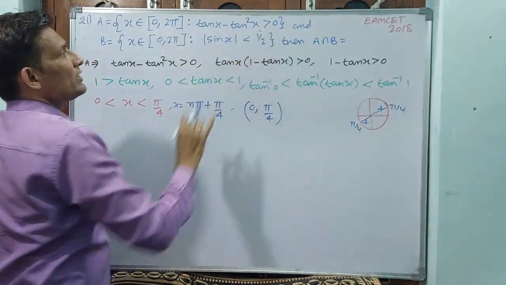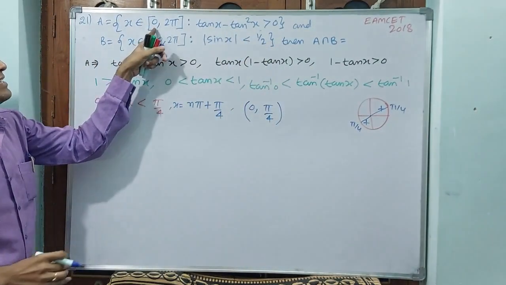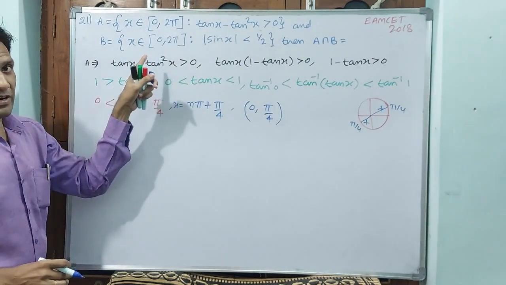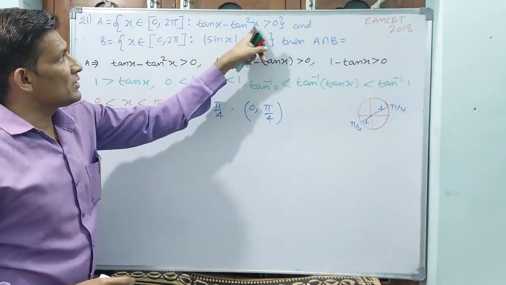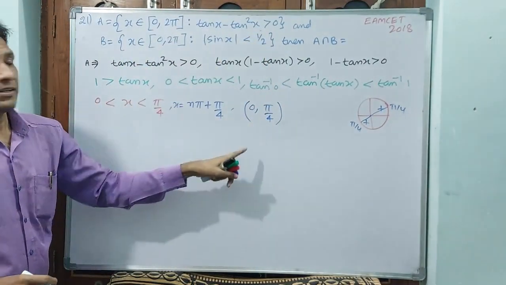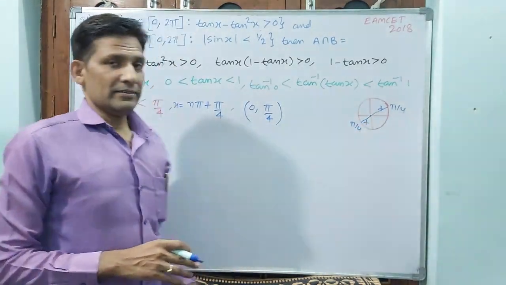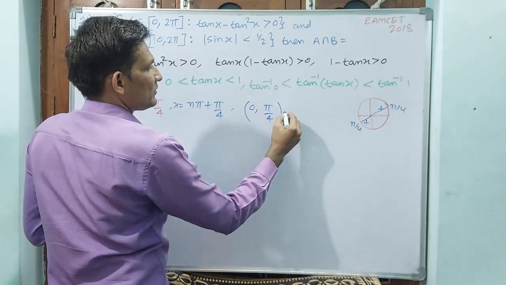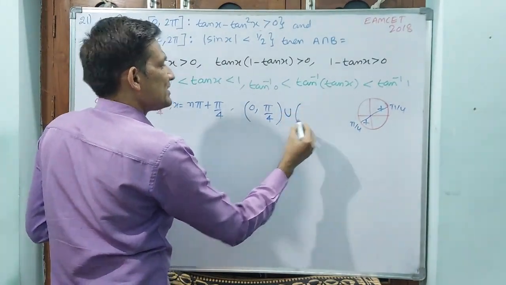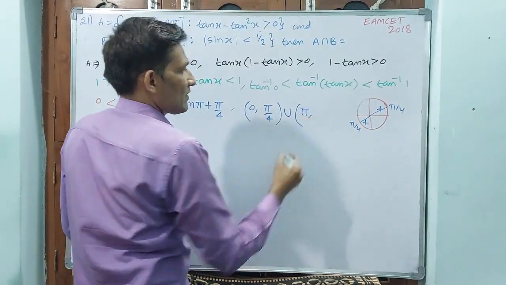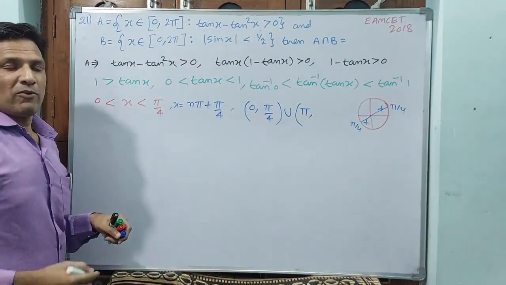Equal to would mean a closed interval. The angles are in a closed interval, but for this value you take this only. Open interval 0 to π/4, here. Then what about here? Union π to π plus π/4, that is 5π/4.